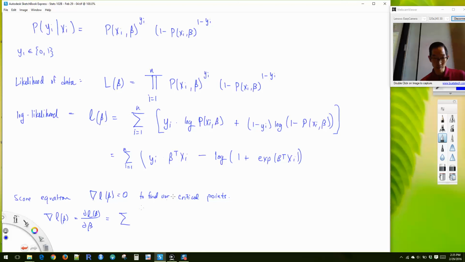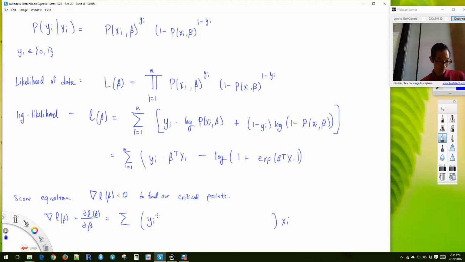So this part is just going to become y sub i. I'm going to factor out the x sub i. Am I missing a log here? I don't think so.